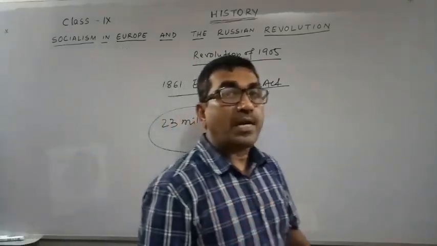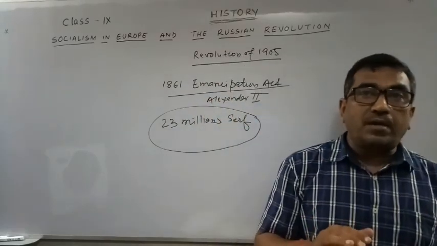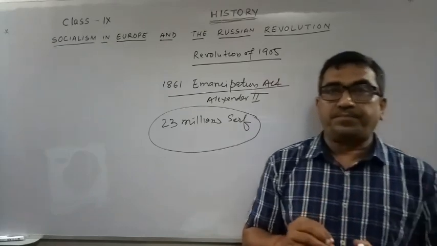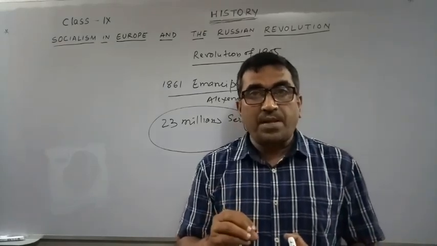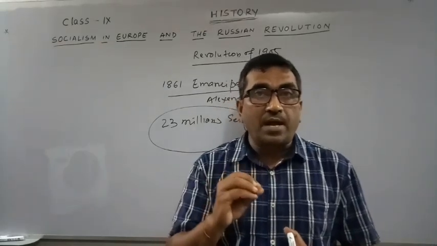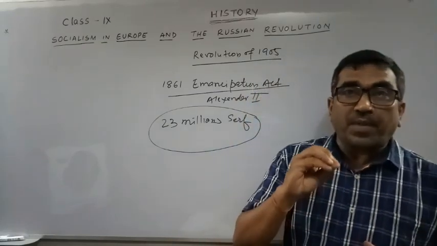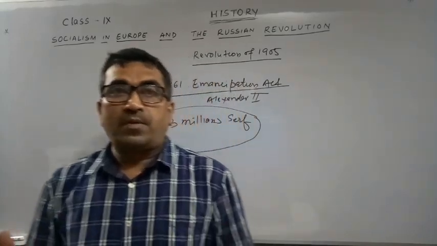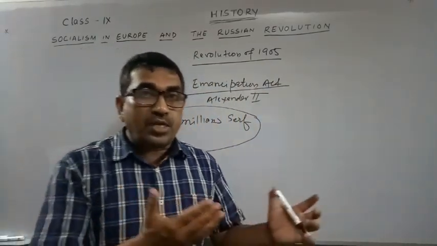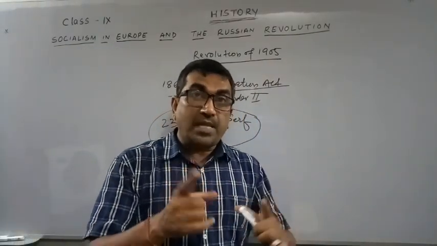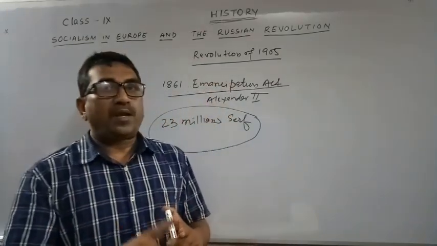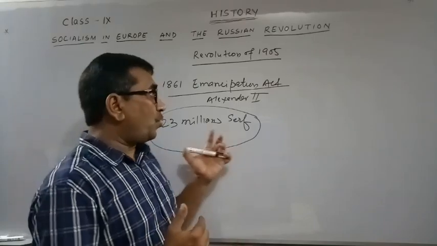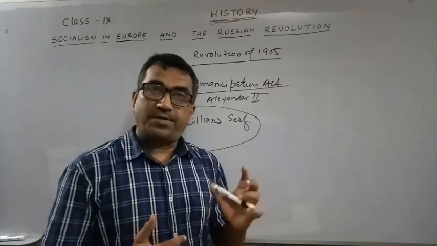They were released from the atrocities that they were facing, and it was believed by Alexander they would provide the labor for industrial growth. Because these laborers are now free, they are not bound to work in the fields of their landlords. So 23 million serfs were freed.